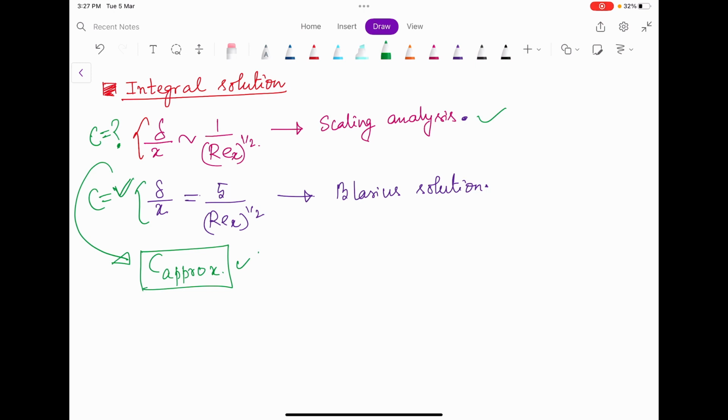So actually we don't need this delta, okay, and what we need is this tau wall or Cf or Cd or drag force. So this drag force or the tau wall shear stress, that is what we need. Okay, so if without doing all of this you can design anything, then that is also acceptable.